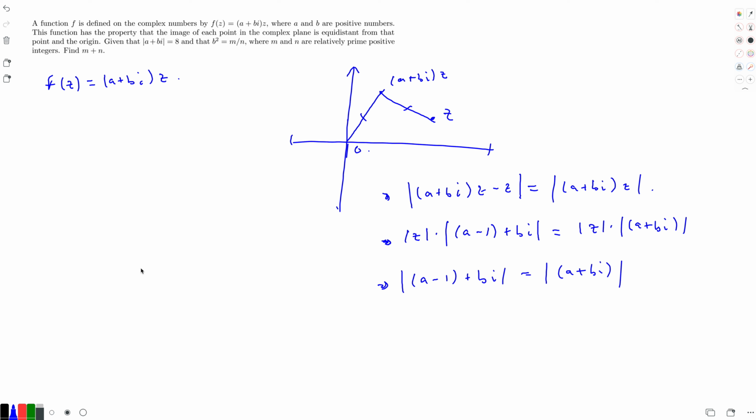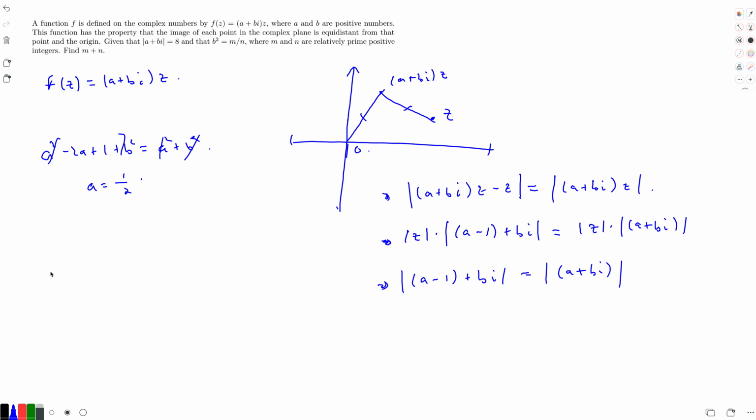Now writing this out in words, a squared minus 2a plus 1 plus b squared is simply equal to a squared plus b squared, just taking the modulus and squaring. Now we can cancel the a squares and b squares, and solving gives us a is equal to 1/2.